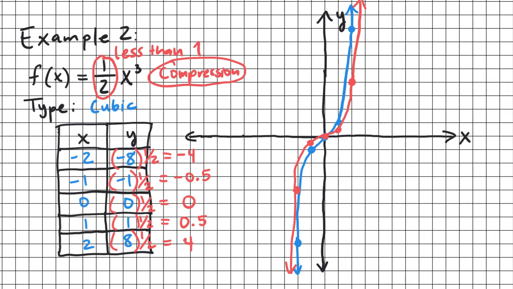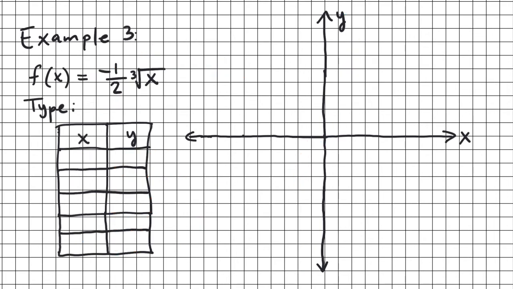Okay. Let's go to the next example. And we would say this one is a cube root. And the values for a cube root are, if I take the x's and the y's and I switch them, comparing to the cubic, right? So it's going to be -8, -2, -1, -1, 0, 0, 1, 1, and 8, 2.